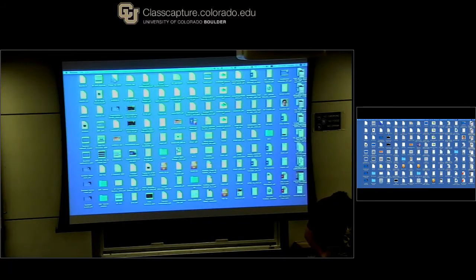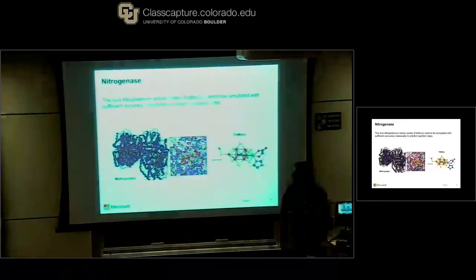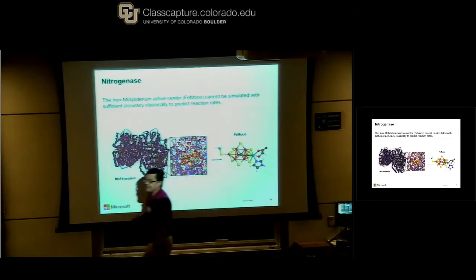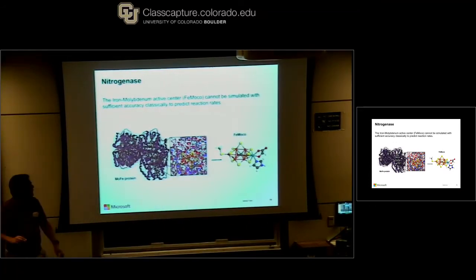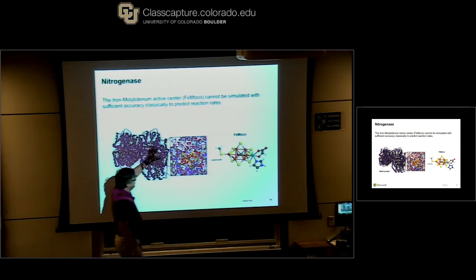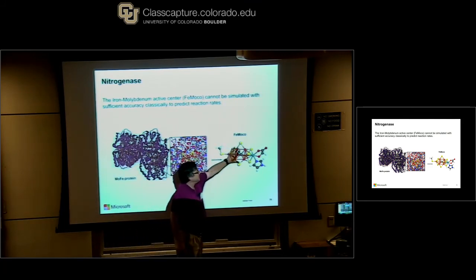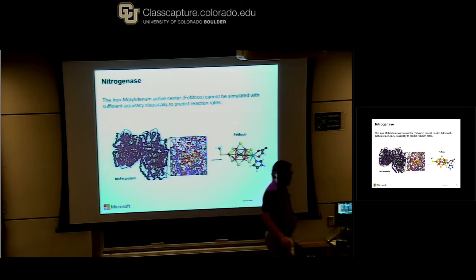And I can show you why it's so difficult. This is the enzyme that does it. If you zoom in, then in the center, there is this complex, FeMoco, which is the iron molybdenum complex. There's one mystery atom here, surrounded by 7 irons and one molybdenum atom.